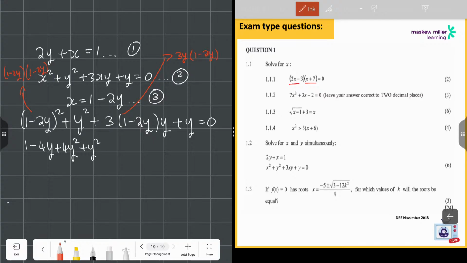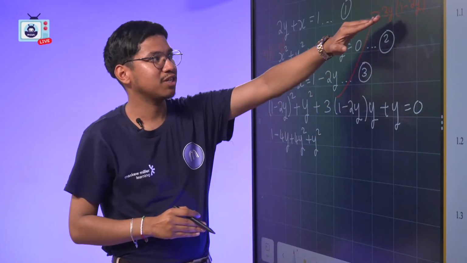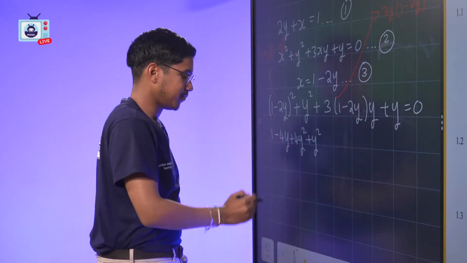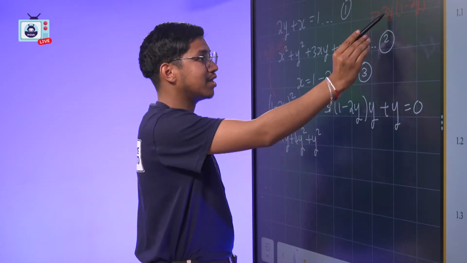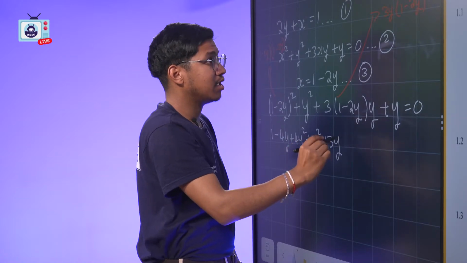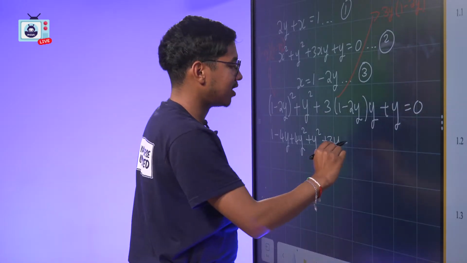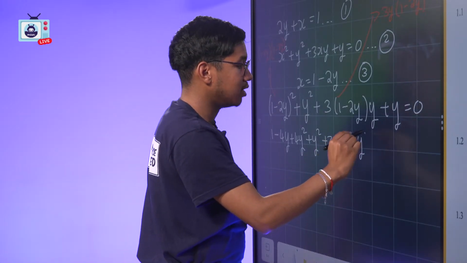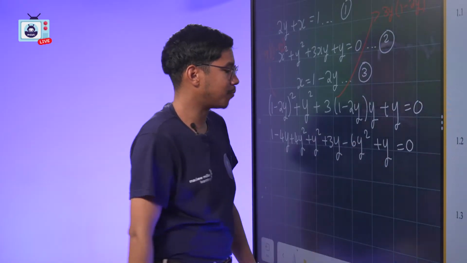Can you see what I have here and what I have here is exactly the same, but this just makes my life so much easier. Okay, let's continue. If I multiply this in, 3y times 1 will just give me plus 3y, and then 3y times negative 2y will give me negative 6y squared, plus y is equal to 0.